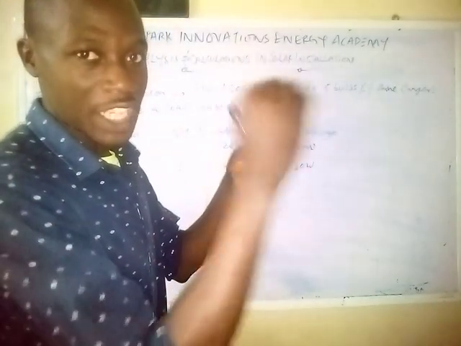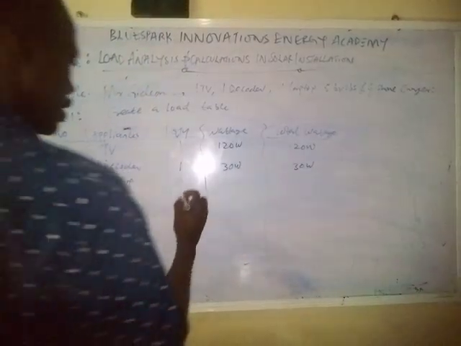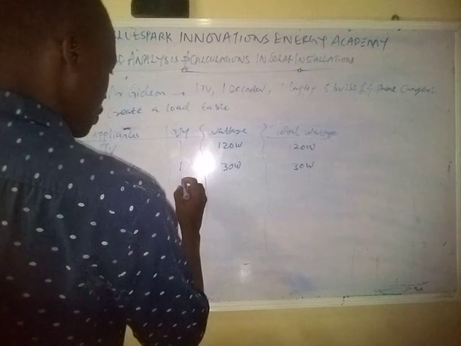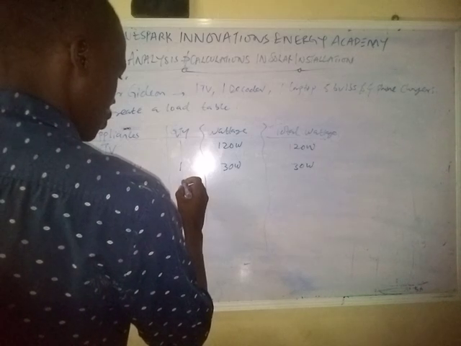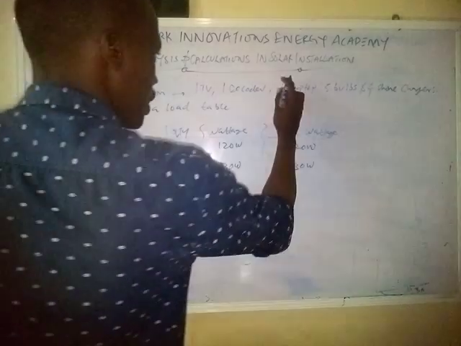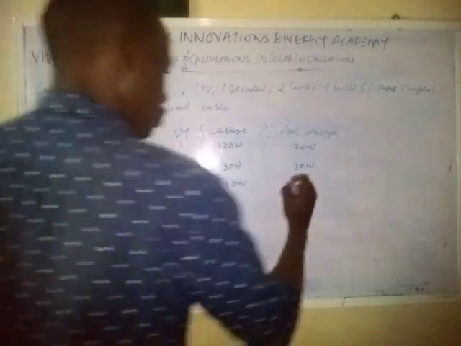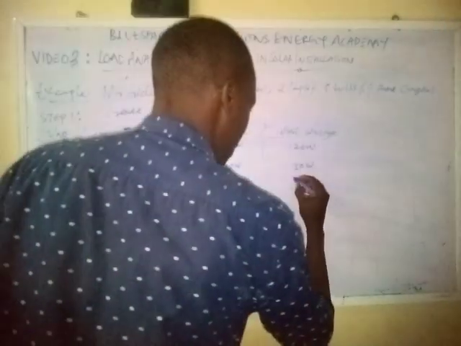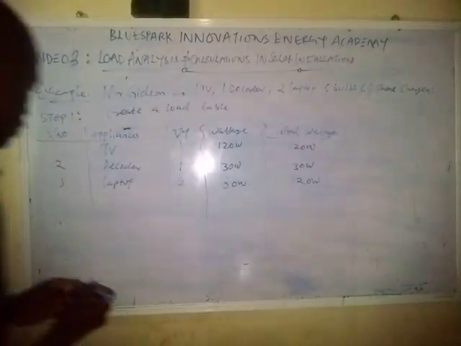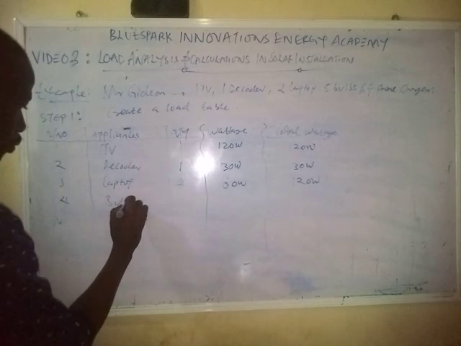You go to the back of that charger, the laptop charger. Let's say maybe he wants to use two laptops. Let's just use two laptops, 60-watt laptop. That's 2 times 60. That's 120 watts.